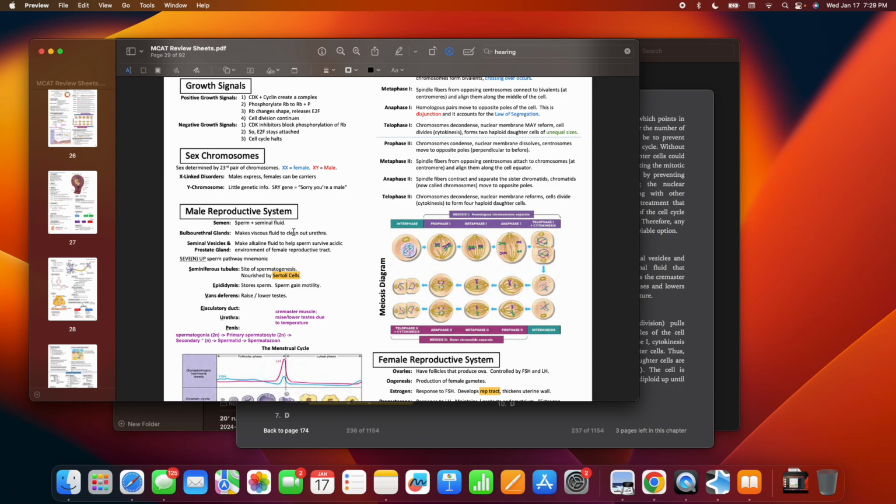So, bulbourethral gland, aka Cooper's gland. Probably the name of the scientist.